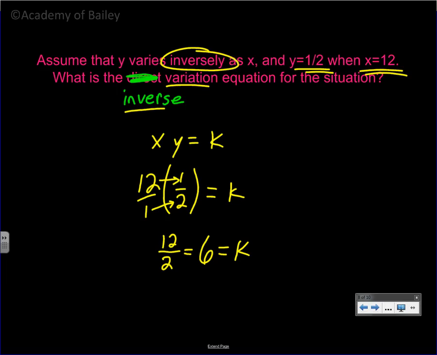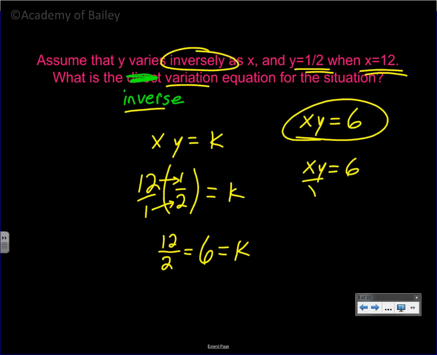So therefore k is equal to 6. x times y is equal to 6. That's the equation. Or if you needed to get y by itself, you divided both sides by x, and that leaves you with y is equal to 6 over x. Both of those are inverse variation equations.